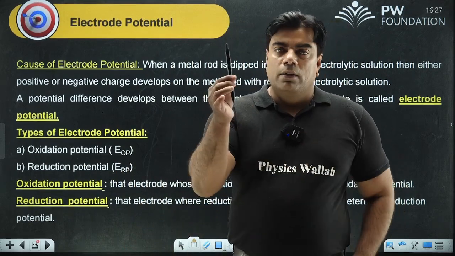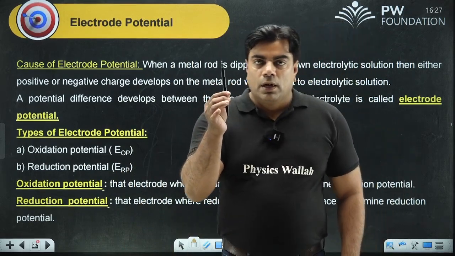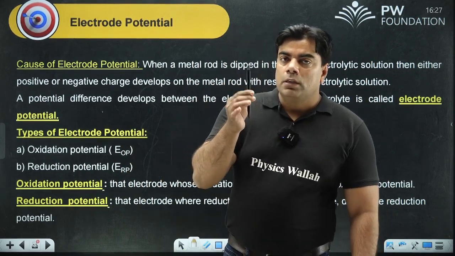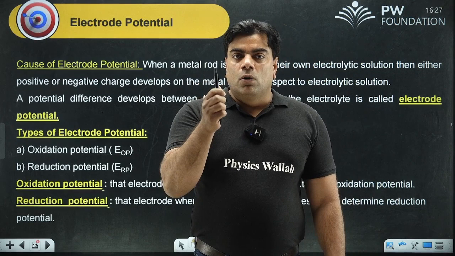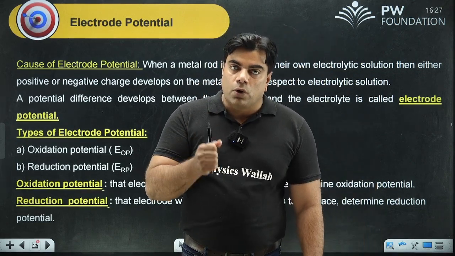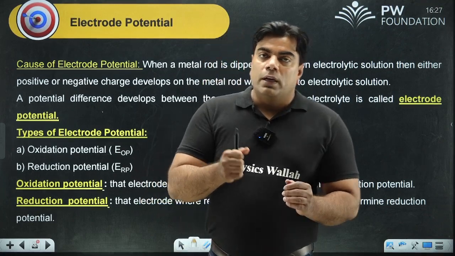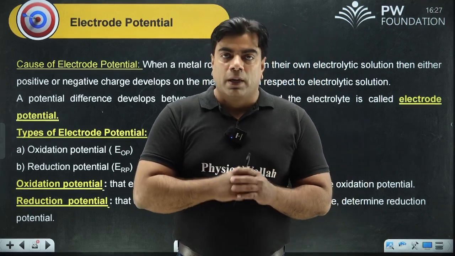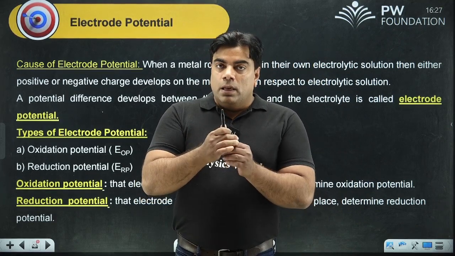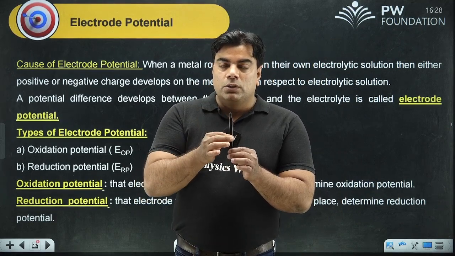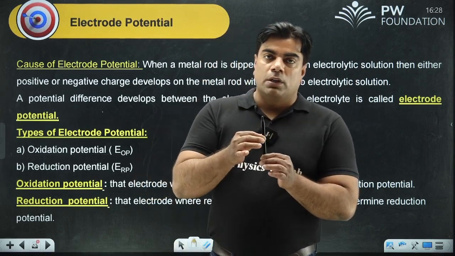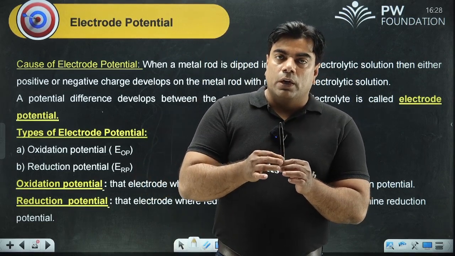Suppose I have a metal rod in my hand. Until this metal rod is in my hand, it is only called a metal rod. When I put this metal rod into an electrolytic solution of its own kind, only then does the name change to electrode.